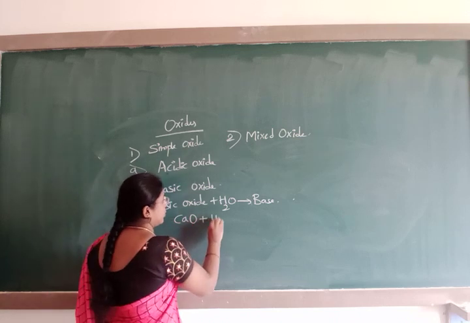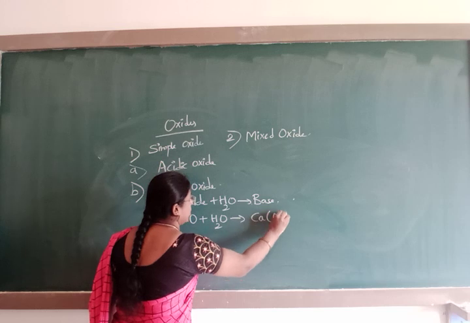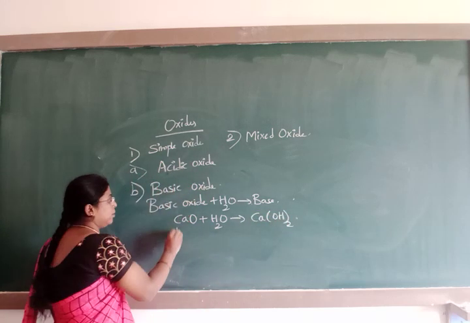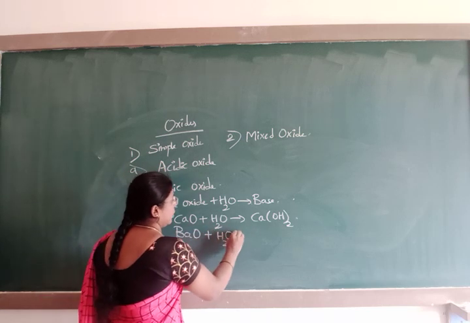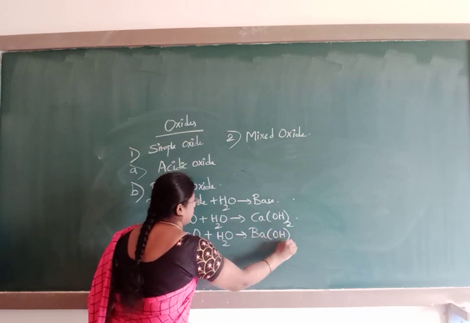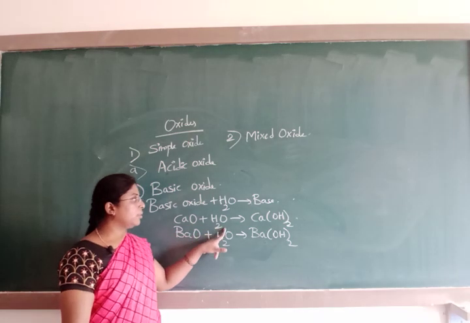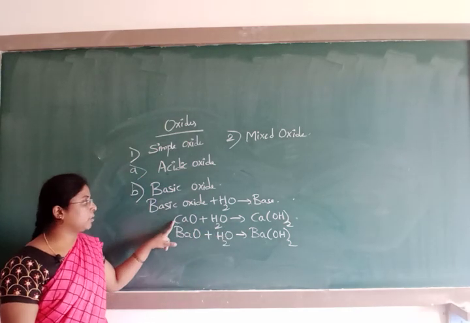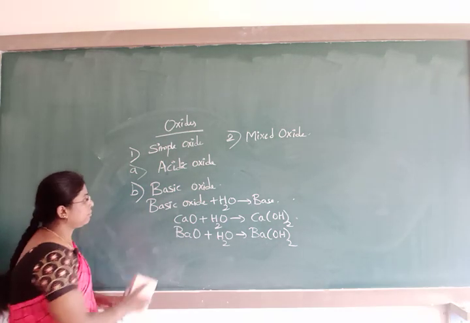When it reacts with water, it forms a base, calcium hydroxide. Similarly, barium oxide, when it reacts with water, gives barium hydroxide. Examples for basic oxide are calcium oxide and barium oxide.